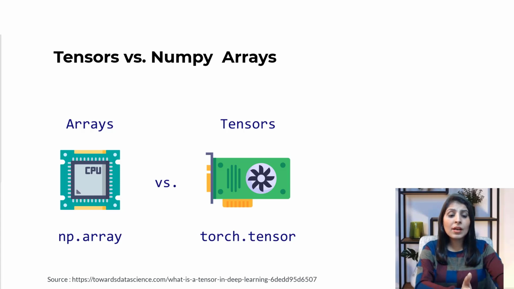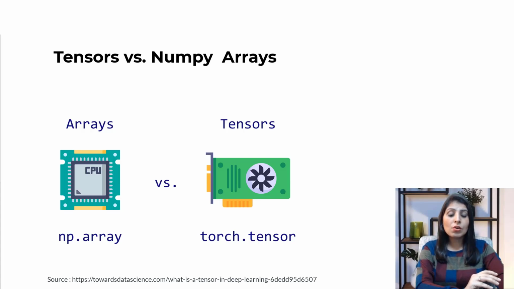NumPy arrays are basically designed to work on CPU. They don't natively support GPU acceleration. And as you will see, using a GPU with PyTorch is super easy and super fast. If you do large computation, this is beneficial because it speeds things up a lot.